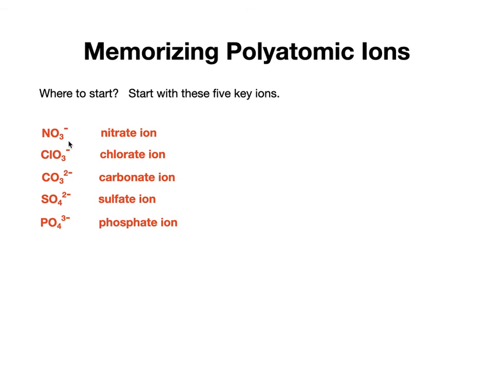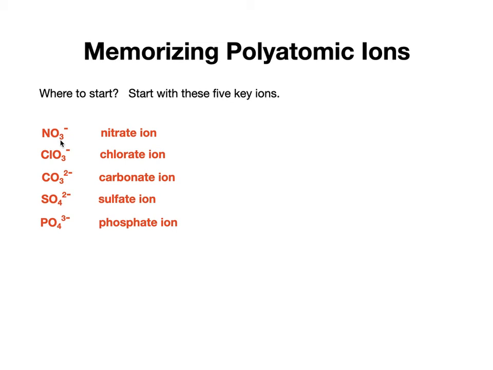What do all of these have in common? Let's look at the formulas first. They all have some number of oxygens, right? They all have a nonmetal in there. They're all negatively charged. And they all end in ATE, don't they? Looking at the name.